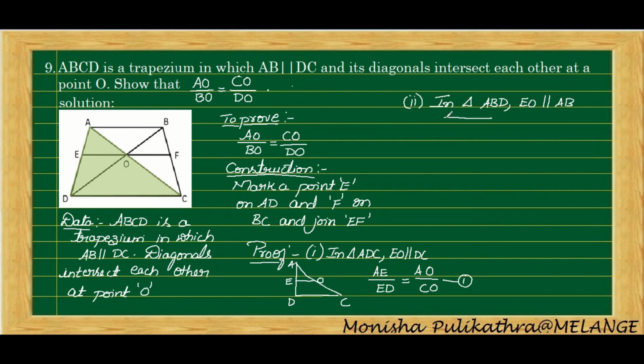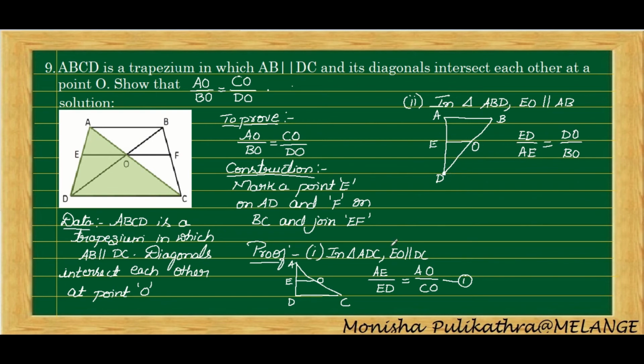So let us draw the triangle. This is A, B, D, where EO is parallel to AB. We need to take the ratio from the tip of the triangle, right? So DE by AE, or ED by AE, whatever we can take. So ED by AE is equal to DO by BO. From the tip of the triangle you need to take the ratio.